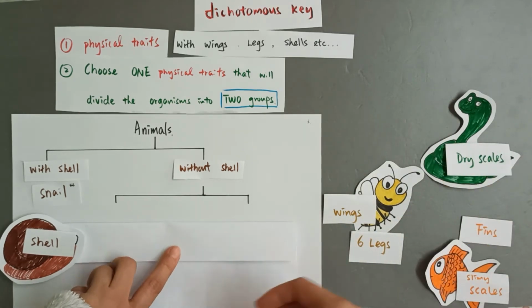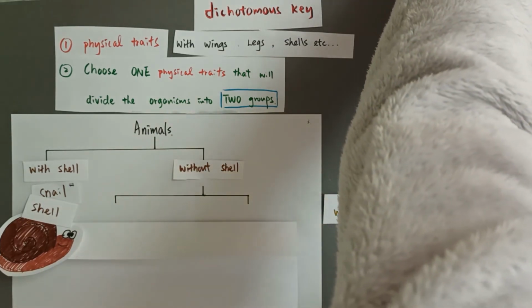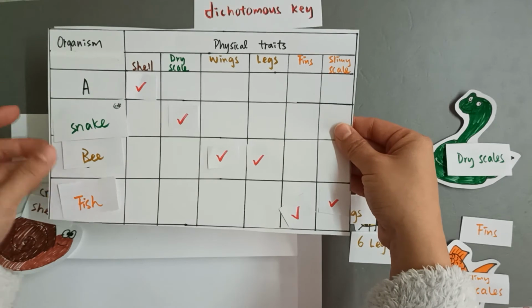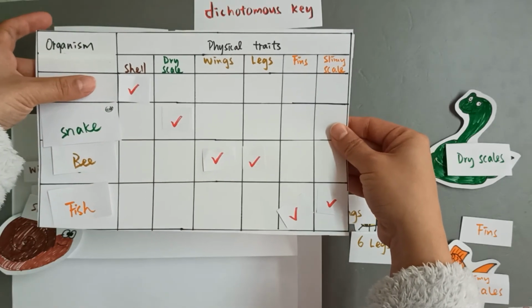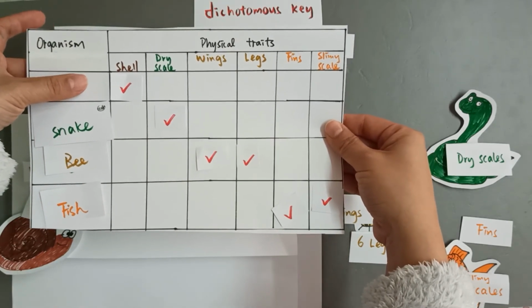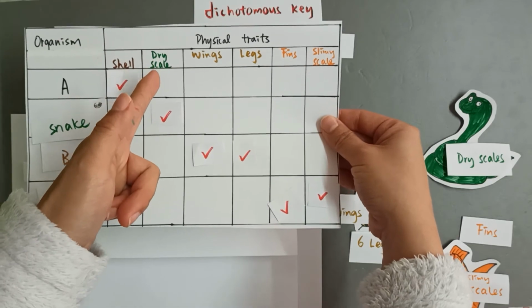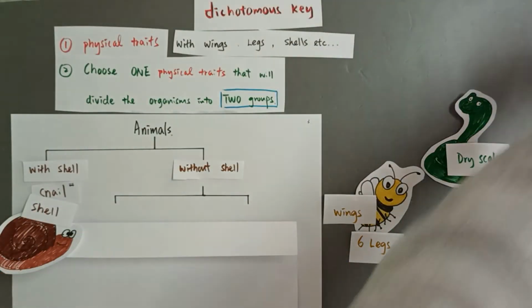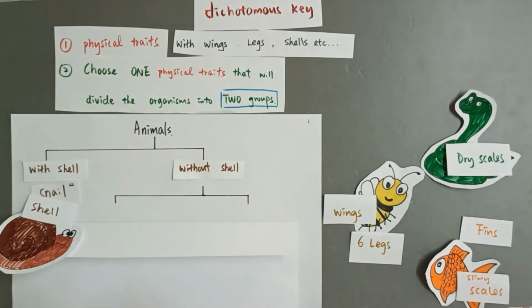So now we need to select another physical trait. Do you remember the table, where we have already removed the snail? So let's select the second trait, for example, dry scale. I select dry scale and just repeat the same procedure.